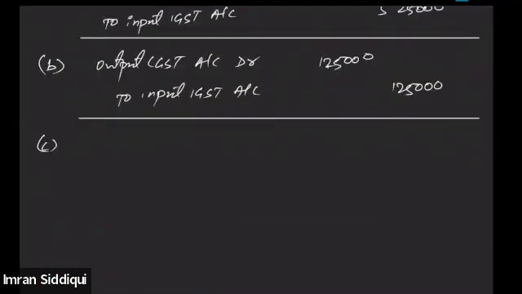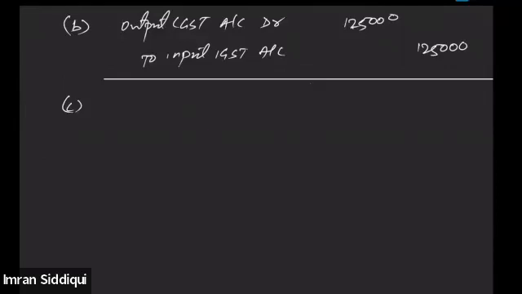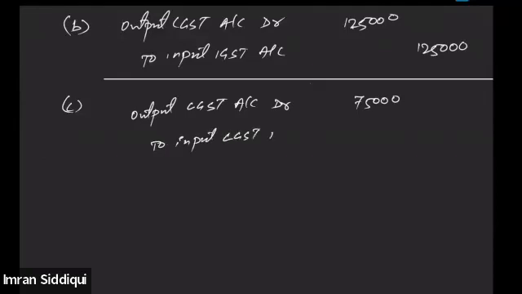So the entry for this will be output CGST account has been utilized to the extent of 75,000 to set off the input CGST account by 75,000. Right? Is that clear, everyone?